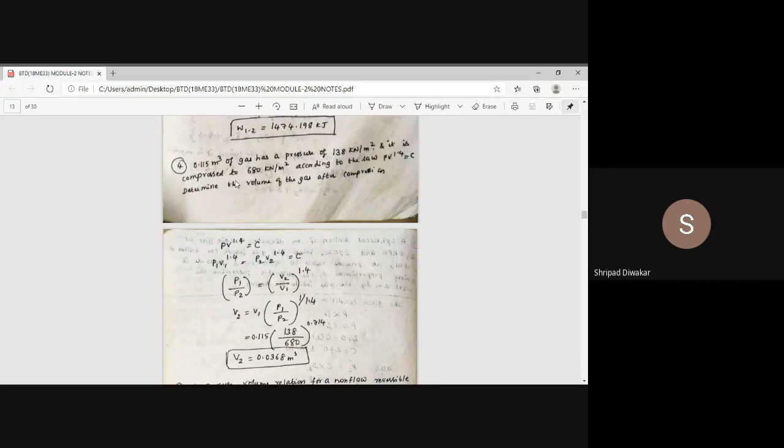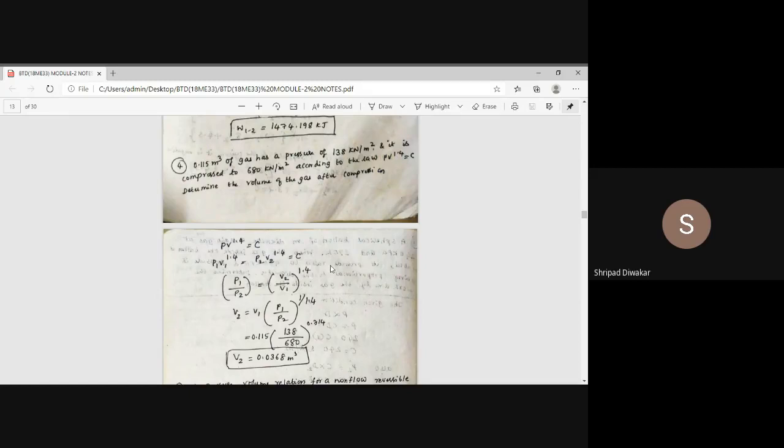Whenever you compress the gas, the pressure increases. Here also it increased to 680 kilopascal. According to the law, PV raised to 1.4 equals constant. As we know, this 1.4 is nothing but our gamma. It is an adiabatic process. Determine the volume of the gas after compression.